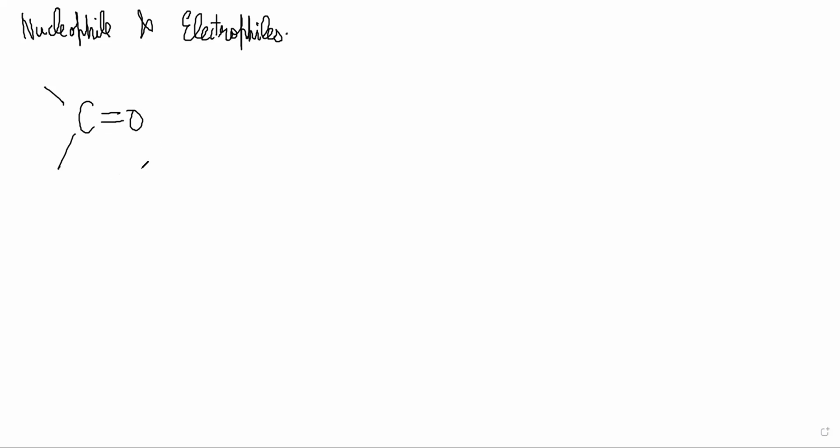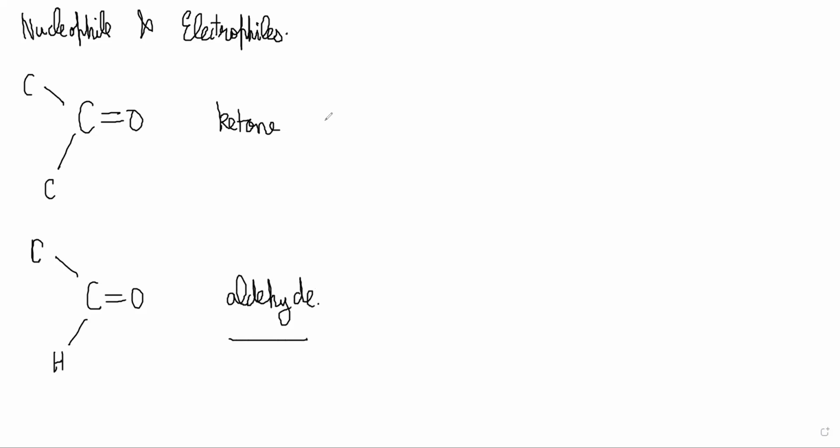This group can be present in a ketone when there is a C and a C here, or it can be present as an aldehyde when there is an H here and a C here. Aldehyde or ketone.